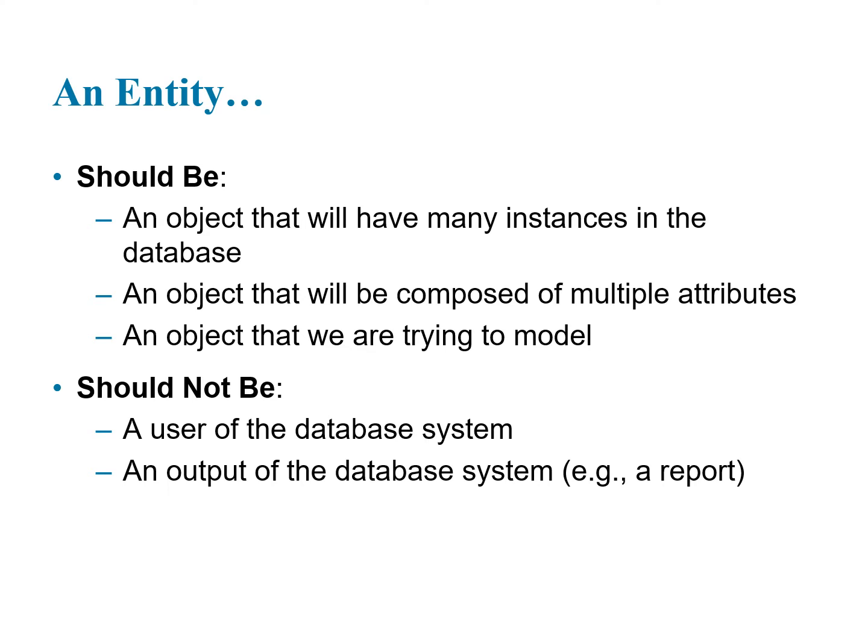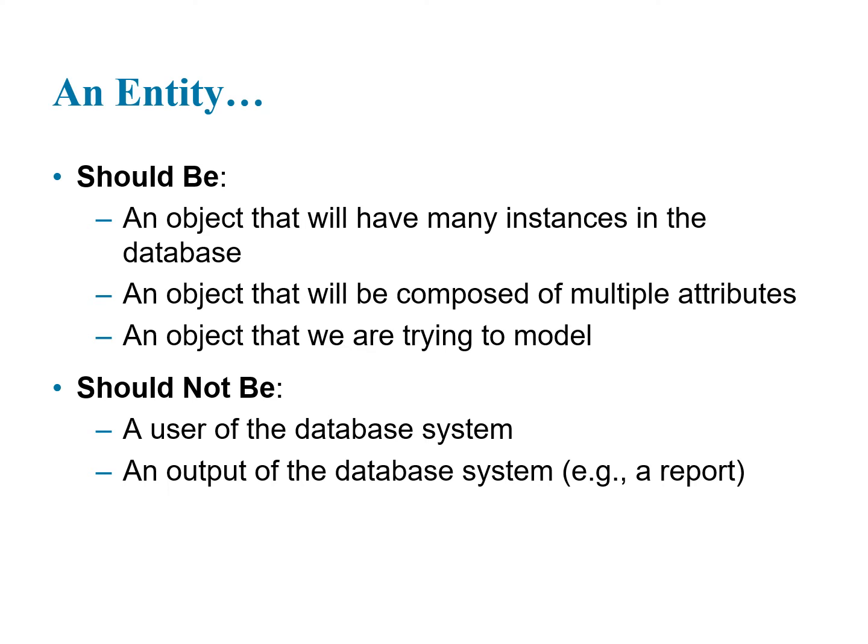A common mistake people make when they are learning to draw entity relationship diagrams, especially if they are already familiar with data process modeling, such as data flow diagramming, is to confuse a data entity with other elements of an overall information system model.